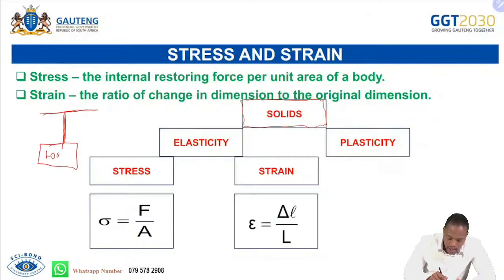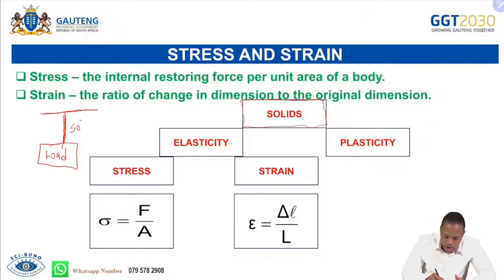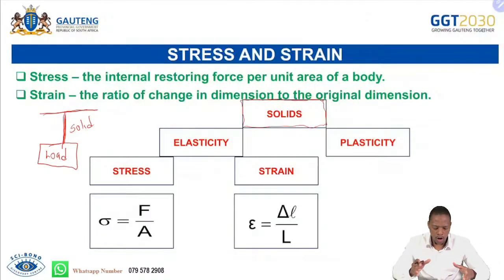Remember, this rod is solid. It could be any shape. It can be a square rod, a cylindrical rod, or a rectangular rod. Let's say it's a cylindrical rod here, and it's carrying a load.